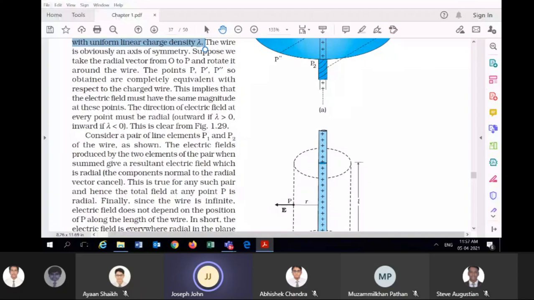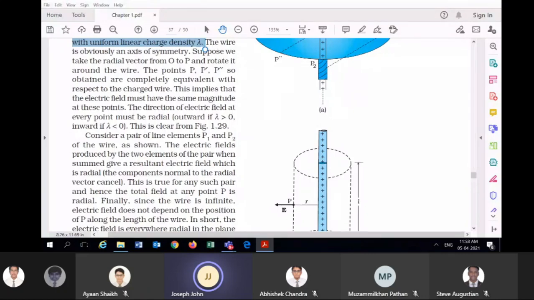Wire is inside. Point will be on the surface, curved surface. If the point is too far, the radius of the cylinder will be large. So this kind of cylindrical surface created by you in order to apply Gauss's law is known as Gaussian surface. Okay, continue next sentence, please.